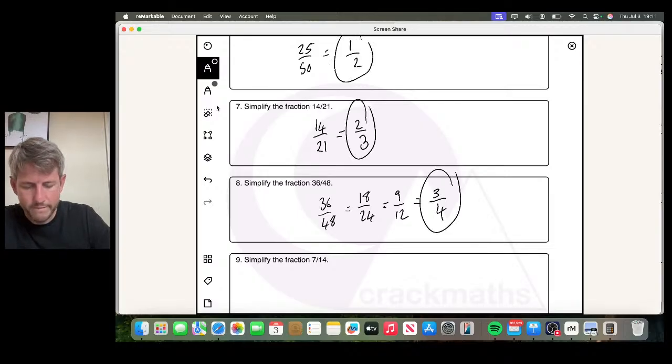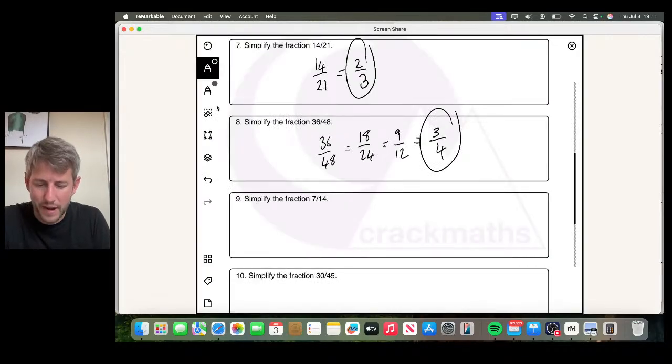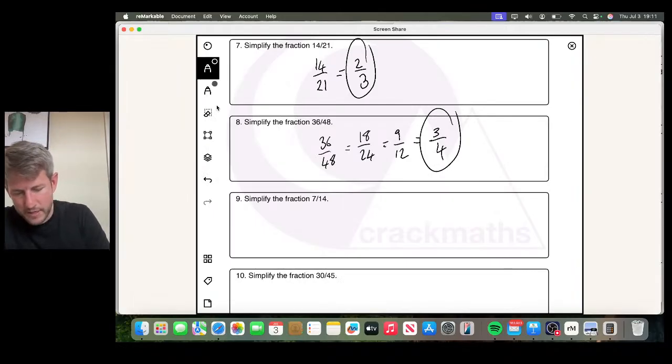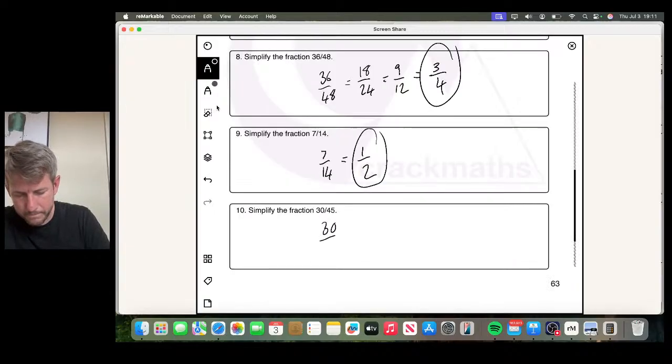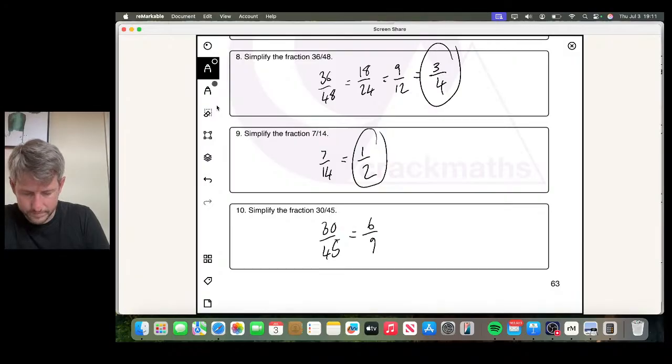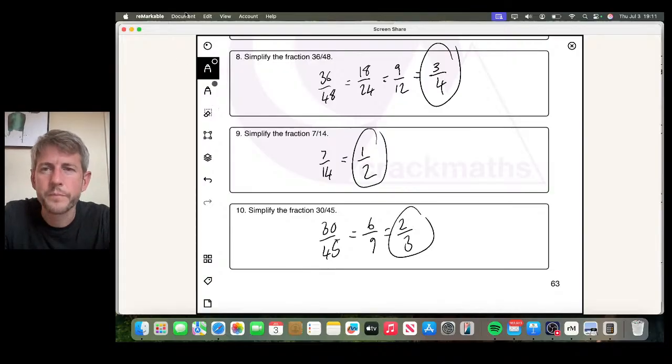Okay. Next one, we've got simplify the fraction, 7 over 14. So 7 over 14 equals 1 over 2. And then here we've got 30 over 45. Well, they both divide by 5. They both divide by 3. And there we go. Right, let's get those marked.